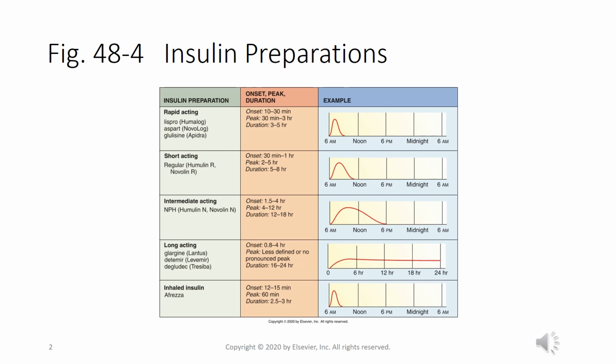The long-acting is a 24-hour duration. There's really no peak, so that is a steady background insulin. There's the lowest risk for hypoglycemia with the long-acting insulin because it does not have a peak.